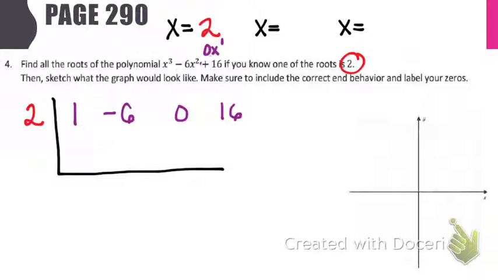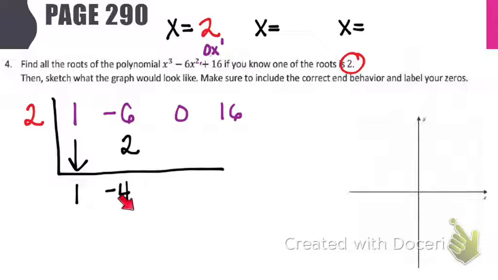So let's do our synthetic division. Drop down that first number. Multiply 1 times 2. Put that under the -6. Add these 2 numbers together, and you get -4.